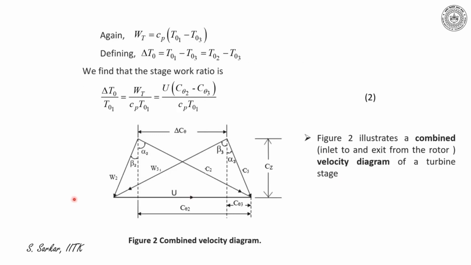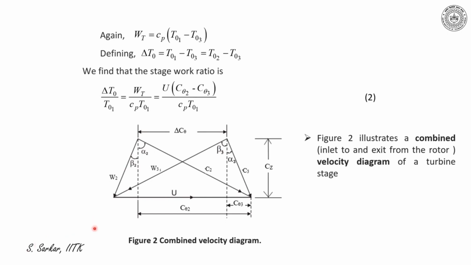I have presented here the combined velocity triangle of a turbine stage. That is, the velocity triangles at inlet to the rotor and exit from the rotor are superimposed here. Please note that W2, U and C2 represent the inlet velocity triangle, while W3, U and C3 indicate the exit velocity triangle. I have also presented here the relative and absolute angles of both the triangles.